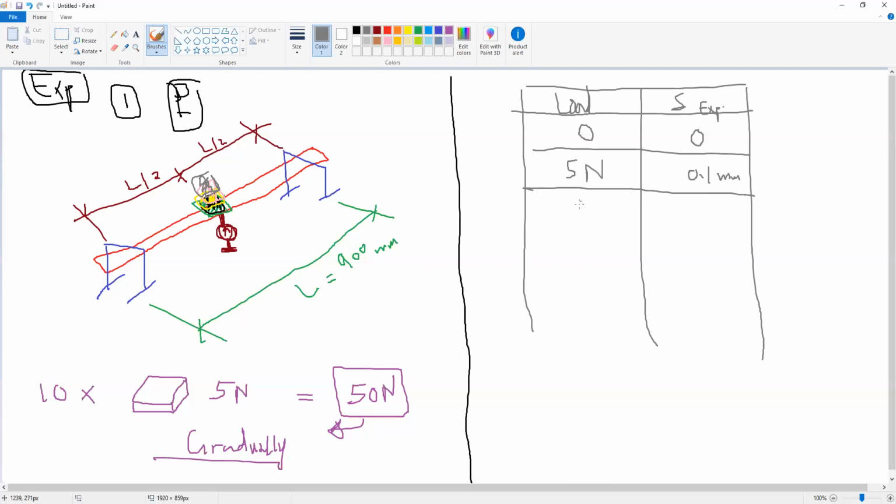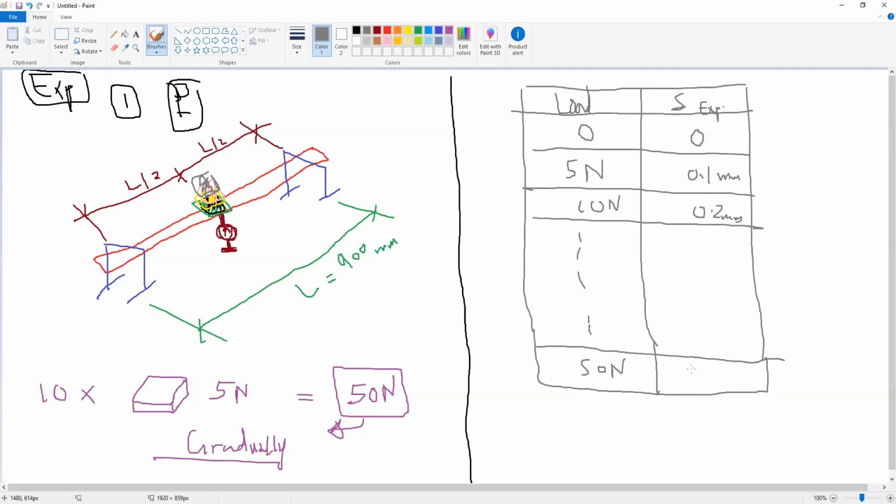Then at 10 Newton, the reading is 0.2 millimeter, and so on until reaching 50 Newton. So at 50 Newton, let's say 0.5 millimeter or 0.6 millimeter, whatever. So this is the deflection reading for the first case, the concentrated load P.